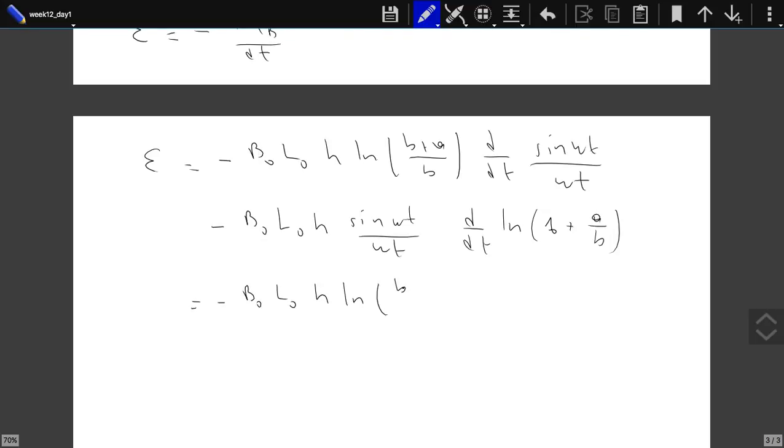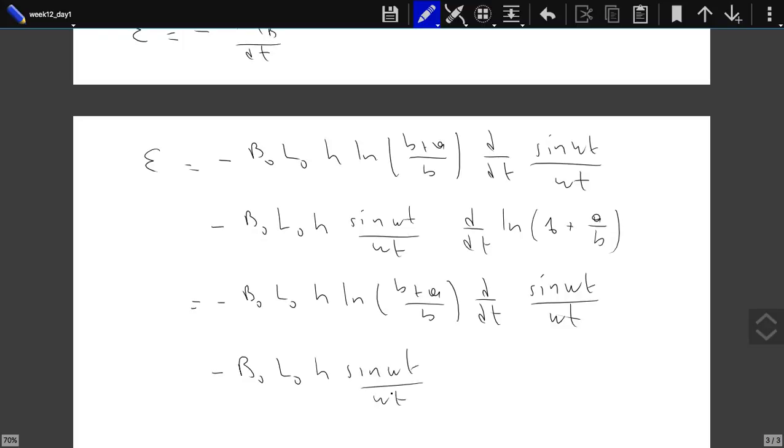That is, b0 L0 h logarithm of b plus a over b d by dt sine of omega t over omega t, minus b0 L0 h sine of omega t over omega t, d by db logarithm of 1 plus a over b, times db by dt, but db by dt is nothing but the speed. So if you know the speed of the loop at an arbitrary time, you can calculate the total EMF.